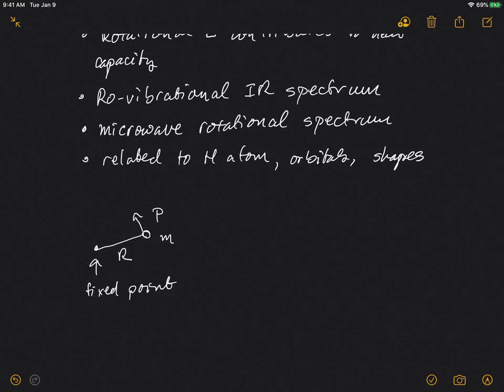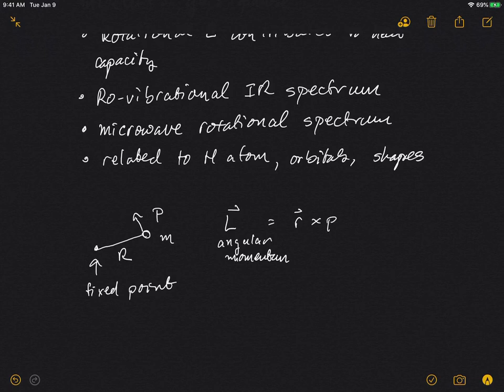And you may recall from college physics or university physics that angular momentum is a vector quantity. And the angular momentum of a rotating system, a particle on a string, is r cross p.